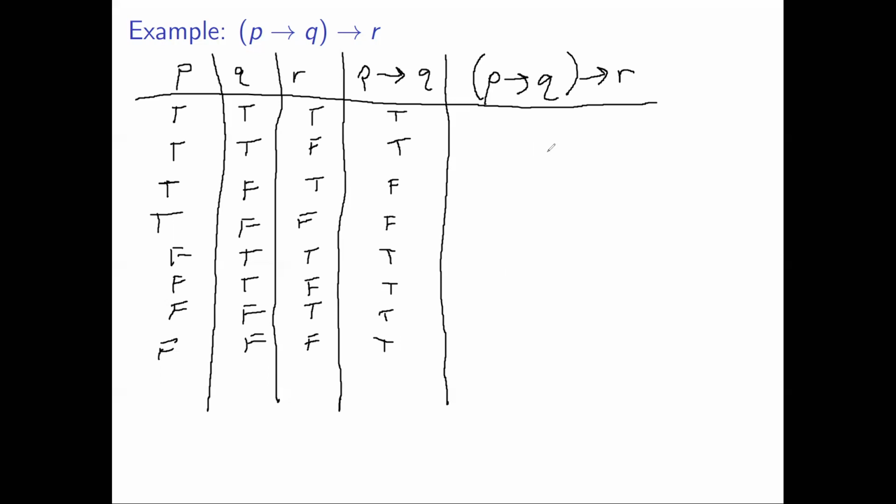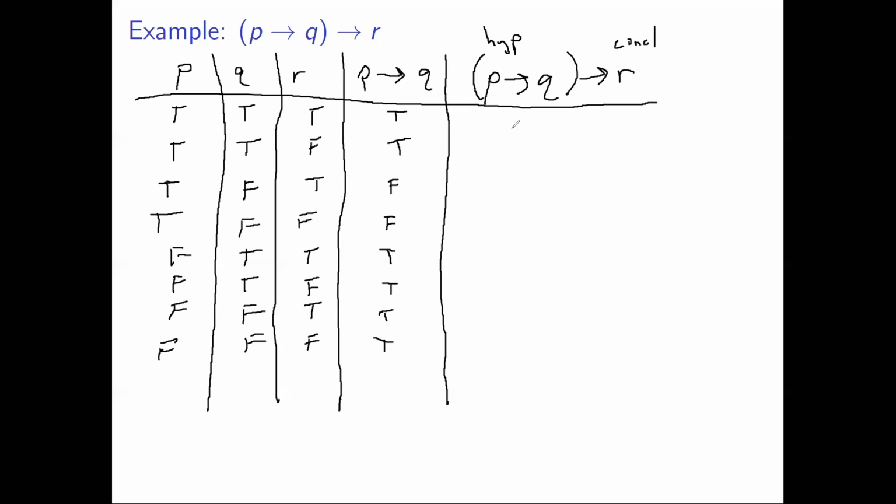And now we can do this last column, the larger implication. P implies Q implies R. So here, our hypothesis is P implies Q, and our conclusion is R. And for the first row, P implies Q is true and R is true.